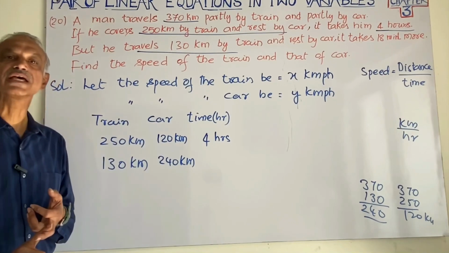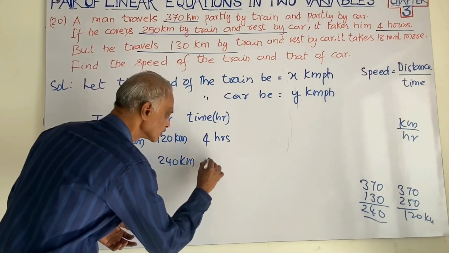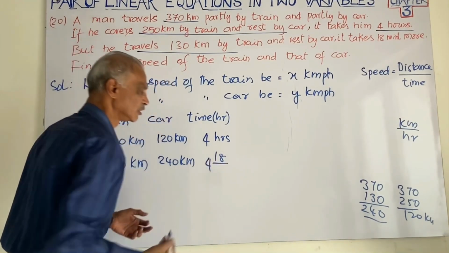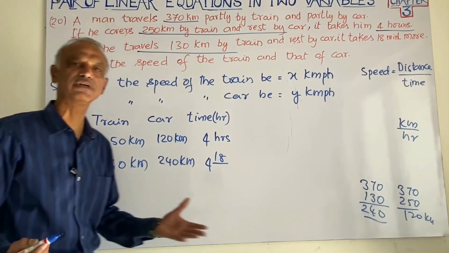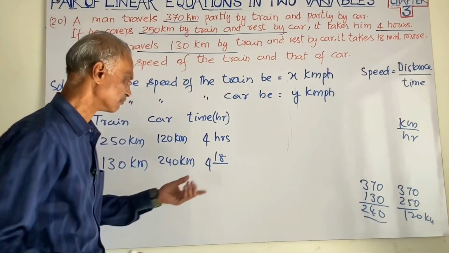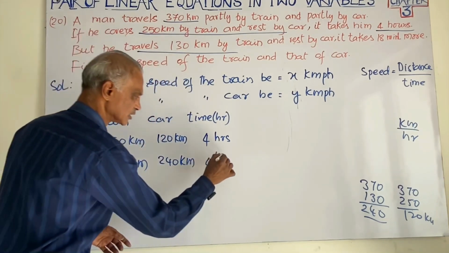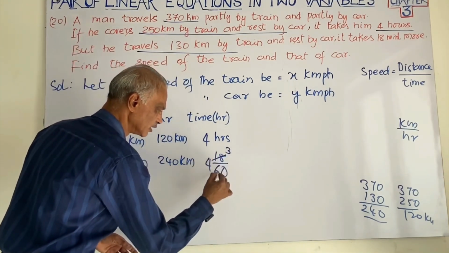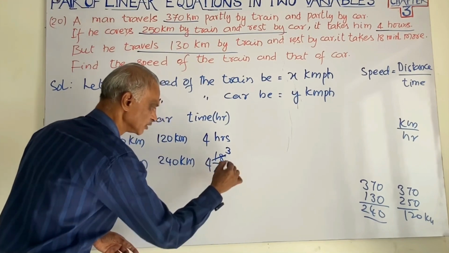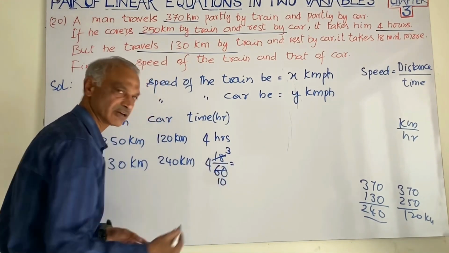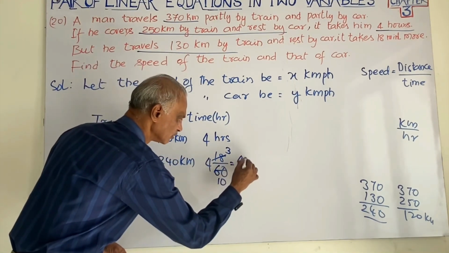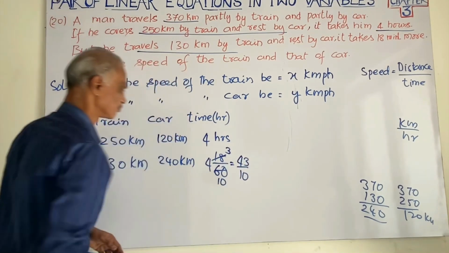How much time has he taken? 4 hours 18 minutes. You have to convert 18 minutes into hours, means divided by 60. 18 by 60 is 3 by 10. So you will get 43 by 10.